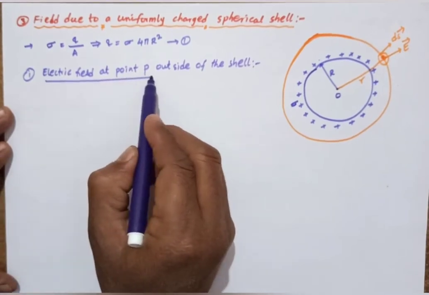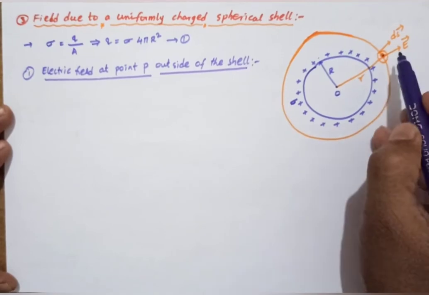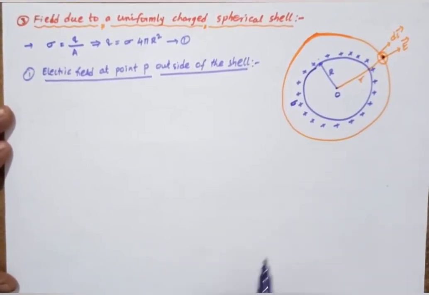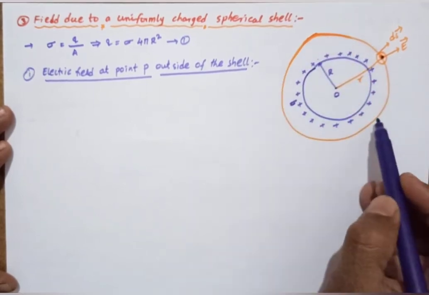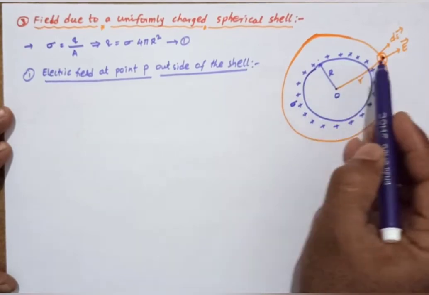Here, at any point outside, this is the outside point P. We can find out the electric field at point P.